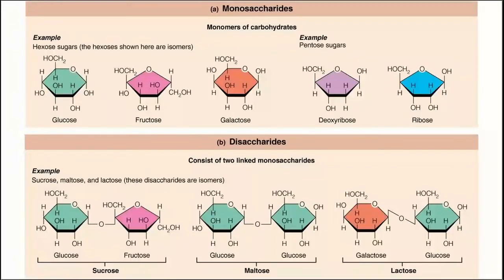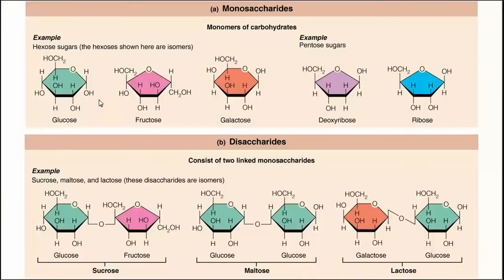So let's look a little bit more at carbohydrates. So carbohydrates are generally large structures that are built from chains of smaller sugars. And these smaller sugars are what we call monosaccharides. And so, in much the same way that amino acids build proteins, monosaccharides build carbohydrates, or monosaccharides are the small subunits of carbohydrates.